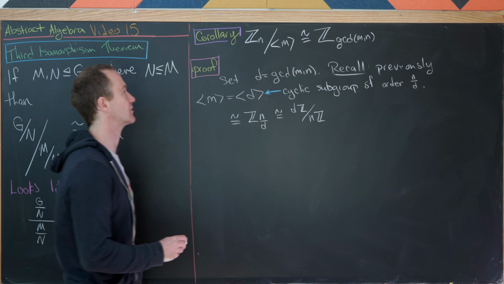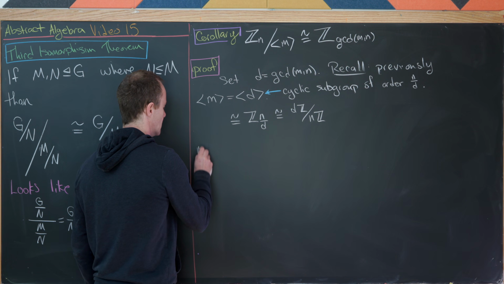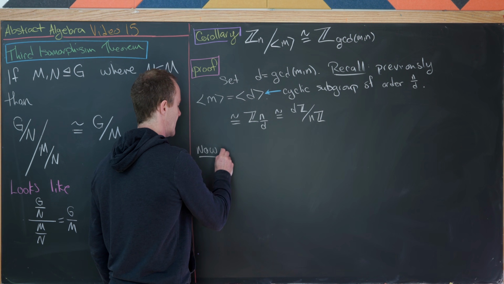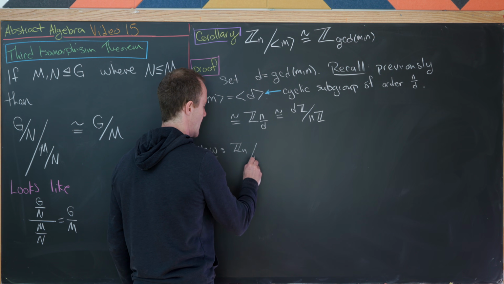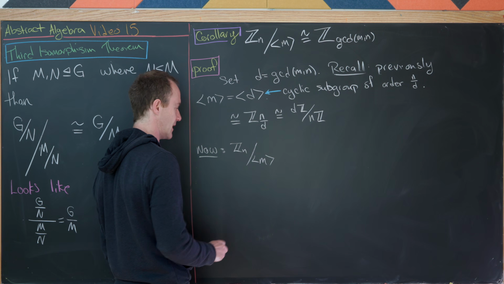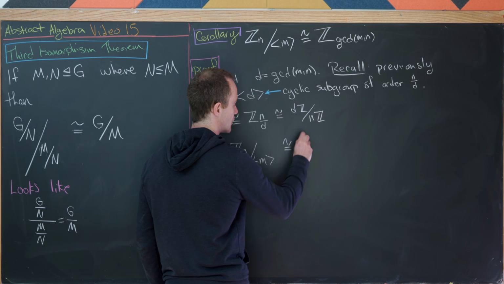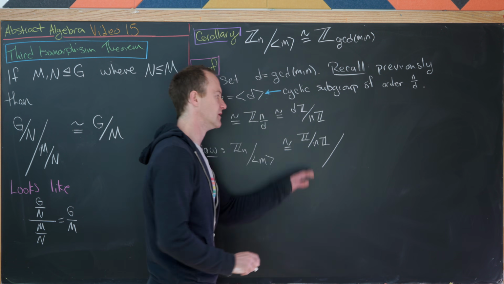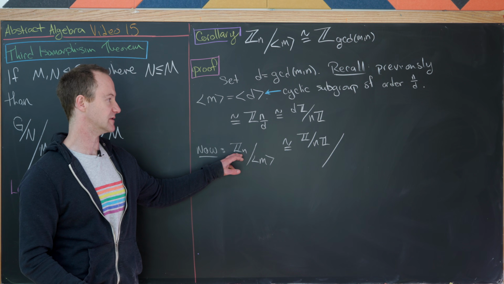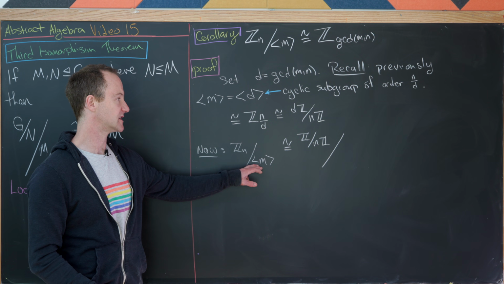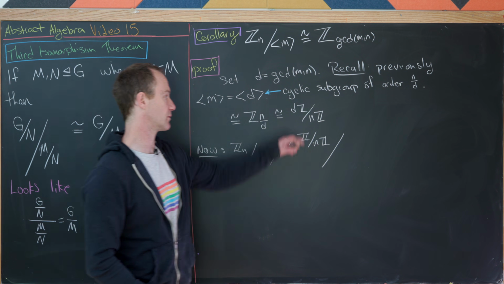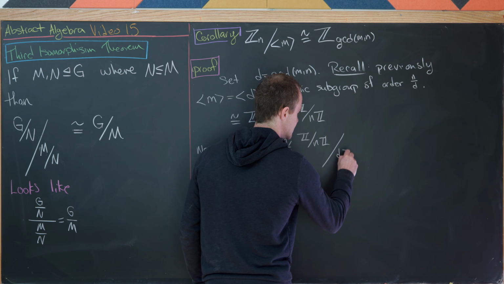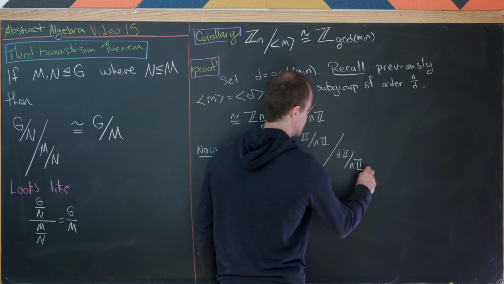And now we're essentially ready to finish it off. So let's do that. So we'll have Zn mod the cyclic subgroup generated by M will be isomorphic to Z mod nZ mod. This Z mod nZ is the copy of Zn. And then the cyclic subgroup generated by M will replace with dZ mod nZ.